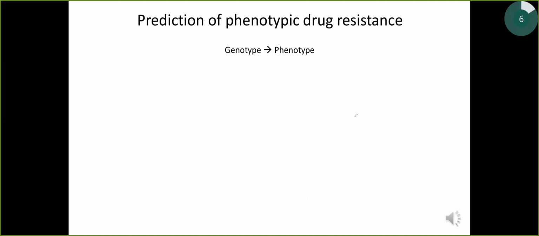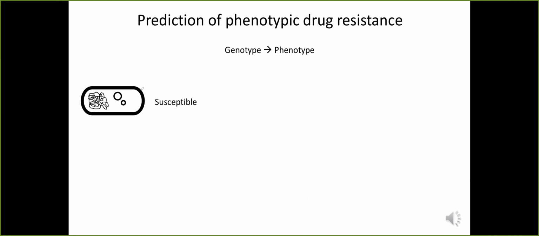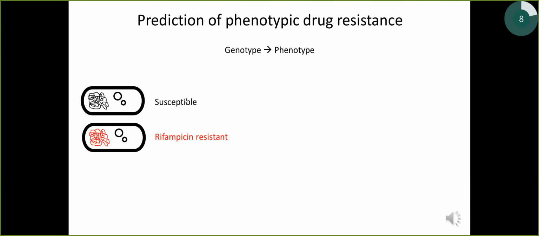So when we want to use whole genome sequencing to predict phenotypic drug resistance, what we want to do is basically the following. We would have susceptible bacteria, and we want to analyze the genetic content and thus be able to say, well, this bacteria is most likely susceptible.